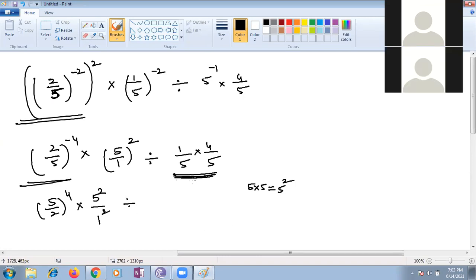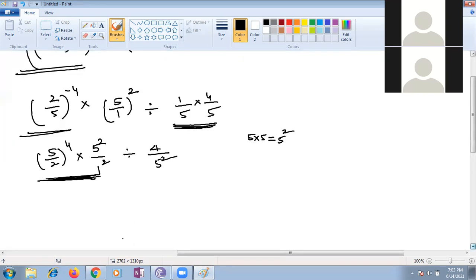Yes, ma'am. This is 4 raised to 5 square. Now, for the first two, the underlined part, you're supposed to see any common things happening in the numerator. Ma'am, 5 power 4 is common and 5 square is common in the numerator.